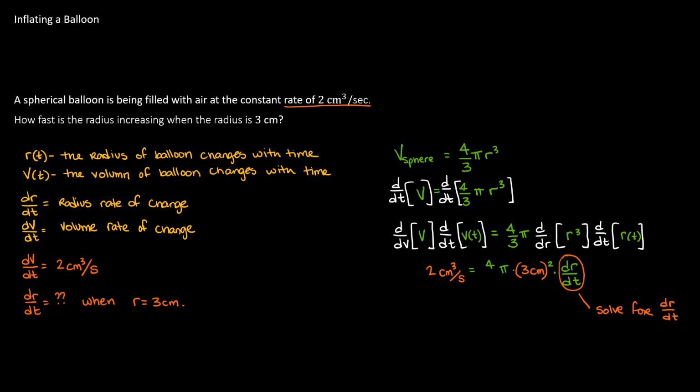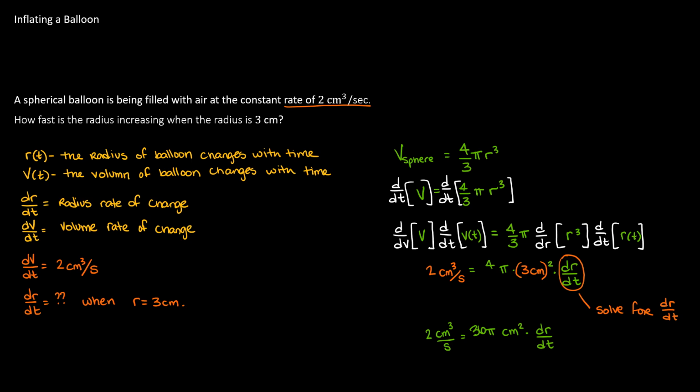Plugging in our known quantities, we can simplify and begin to solve. So we want to isolate dr/dt. I'll square my 3 centimeters on the right-hand side, multiply that to 4 pi. So now my equation looks like 2 cubic centimeters per second equals 36 pi centimeters squared times dr/dt.